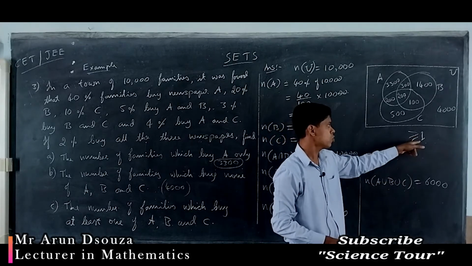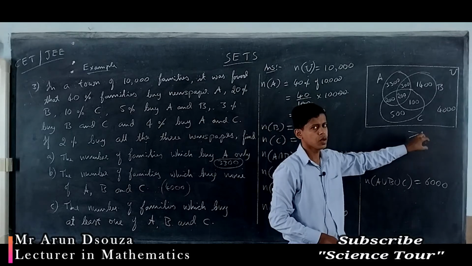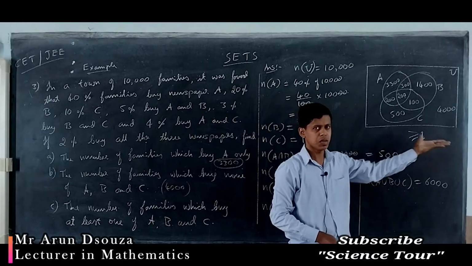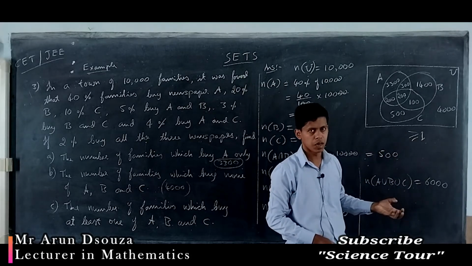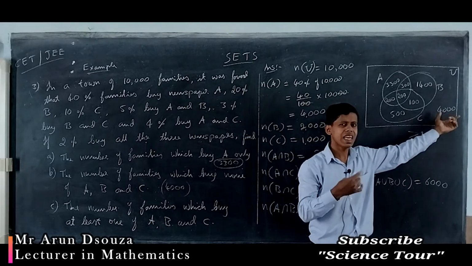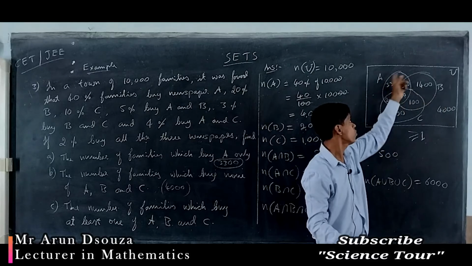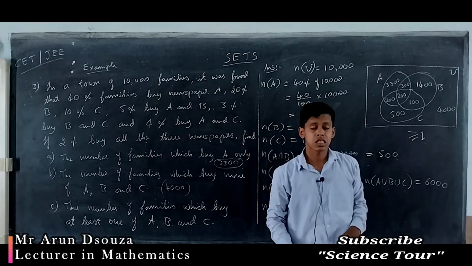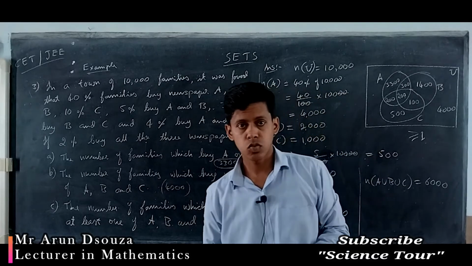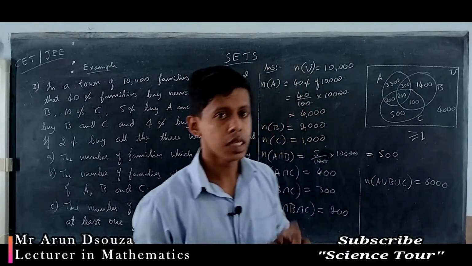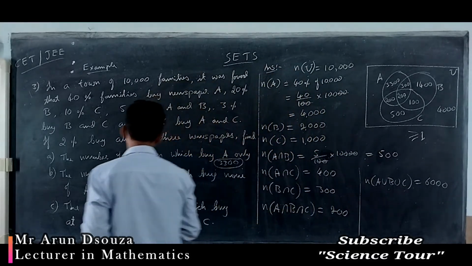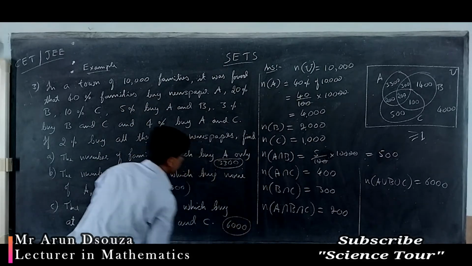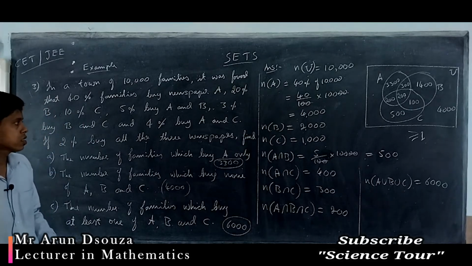So at least 1 means you may buy 1, or you may buy 2, or you may buy all the 3 also, but minimum 1 definitely you will buy. These are the people who don't buy any. These are the people who buy at least 1. So how many are buying at least 1? 6,000. So understand the meaning of at least 1. At least 1 means A union B union C. So this is 6,000.